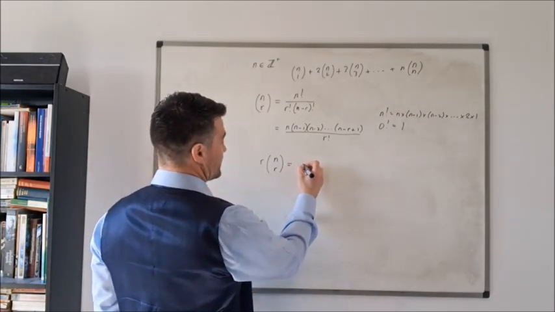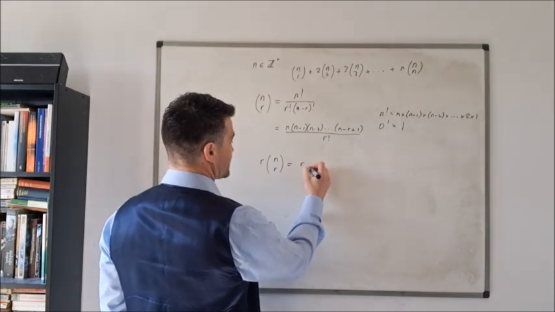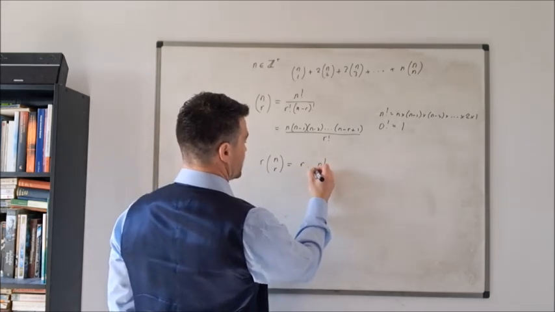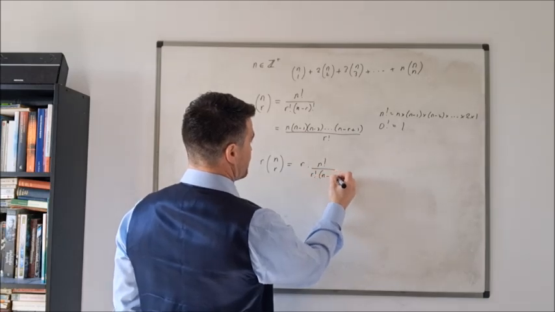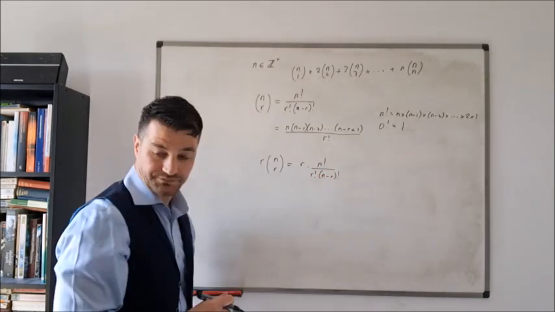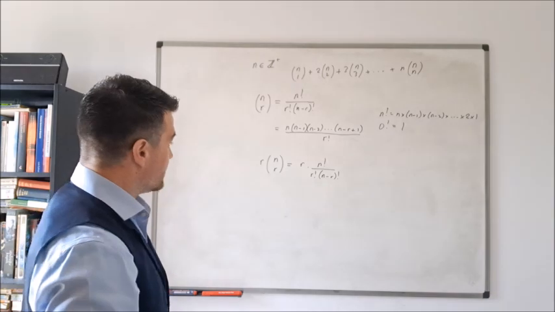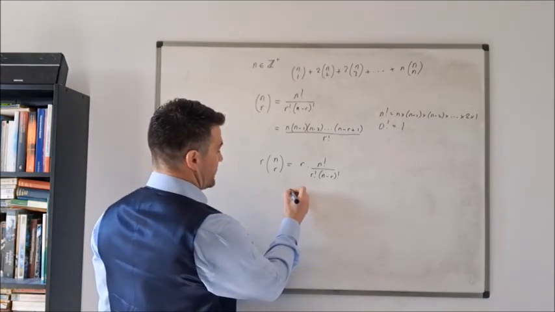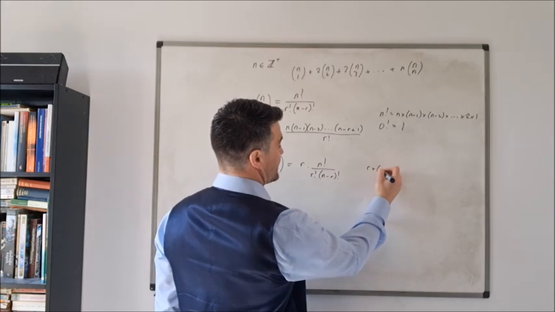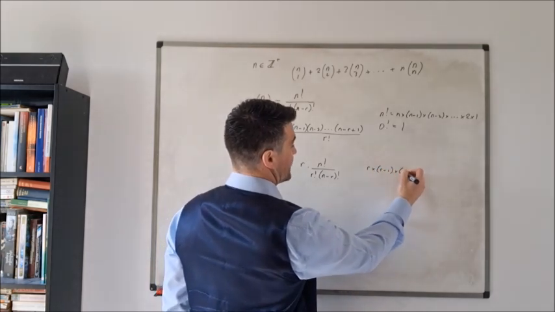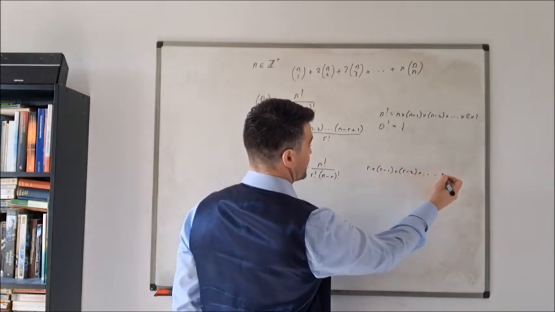So this is going to be equal to r times n factorial over r factorial times (n minus r) factorial. Okay, well, I know that r factorial is equal to r times (r minus 1) times (r minus 2) and so on.